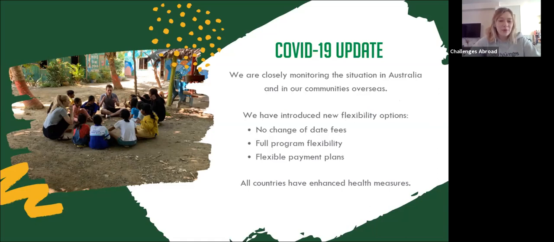We also have our full program flexibility, which is similar and means if you book yourself in for a certain program next year, for example, and then you decide you don't actually want to do that program, maybe you want to change from a community challenge to a health promotion challenge, or you want to change from Peru community to maybe a Machu Picchu challenge, you can also do that without any fees.